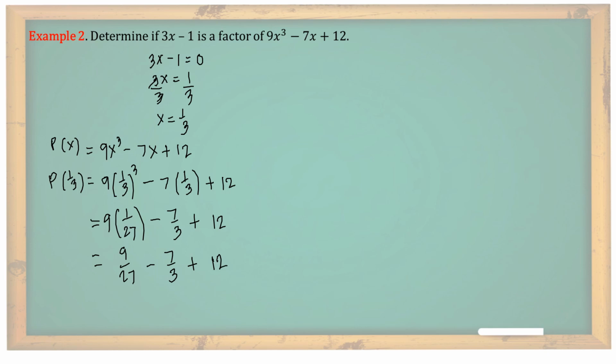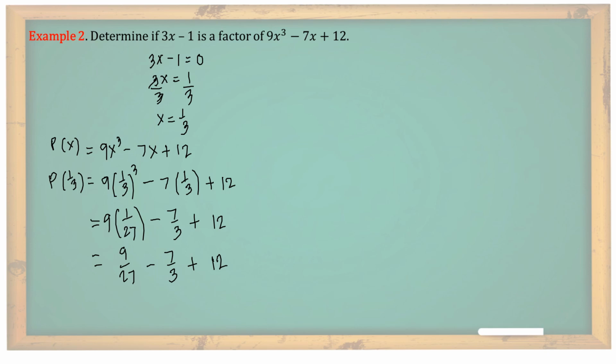Dito class dapat yung ating gawin natin siyang similar terms lahat. Gawin nating similar terms lahat yung ating fraction dito. So itong 7/3, dapat yung kanyang denominator ay 27. The same with 12. Dapat 27 rin ang denominator niya.